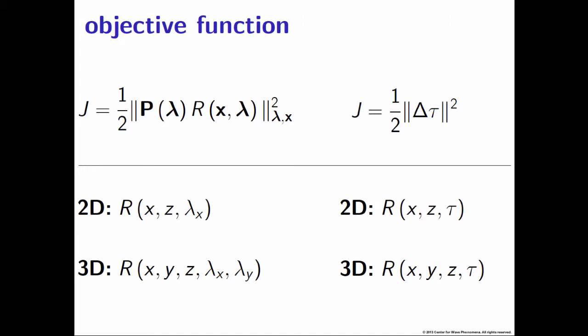Therefore, you should have higher resolution in the azimuth direction. In our method, we only have tau to characterize the reflection, so we will lose resolution in the model.